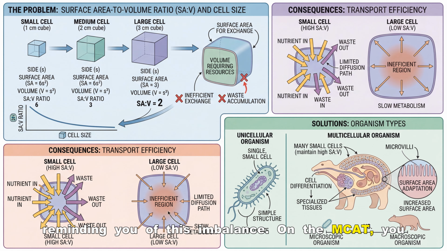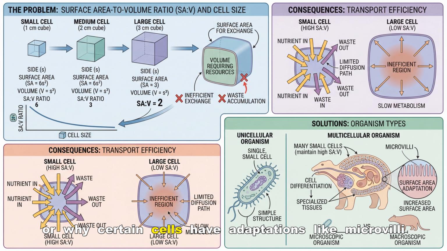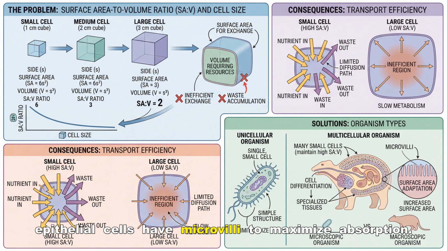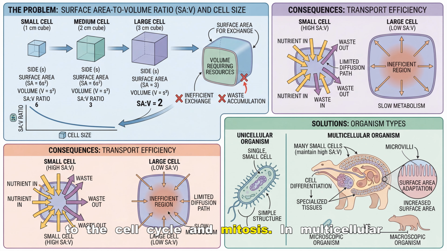On the MCAT, you may encounter questions that require you to reason about diffusion rates, or why certain cells have adaptations like microvilli to increase surface area. For example, intestinal epithelial cells have microvilli to maximize absorption. This principle also explains why cells divide rather than continuously grow larger, connecting directly to the cell cycle and mitosis.